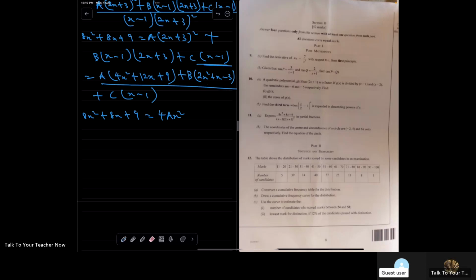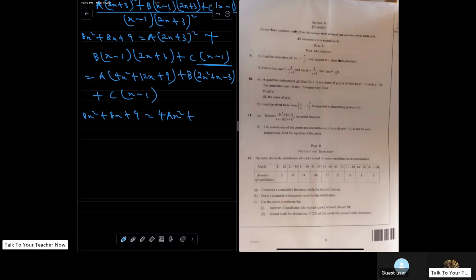You arrange alphabetically, and by the way, a is a constant. 12ax plus 9a. What's the next one? Plus 2bx squared plus bx minus 3b. And what's the next? Plus cx minus c.